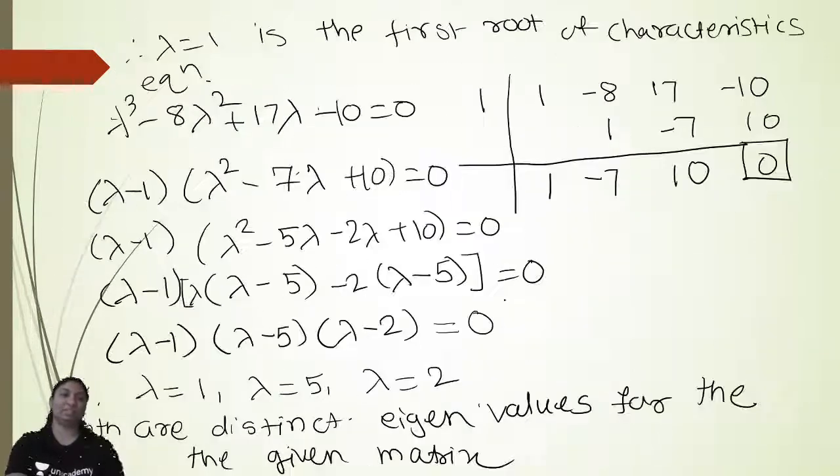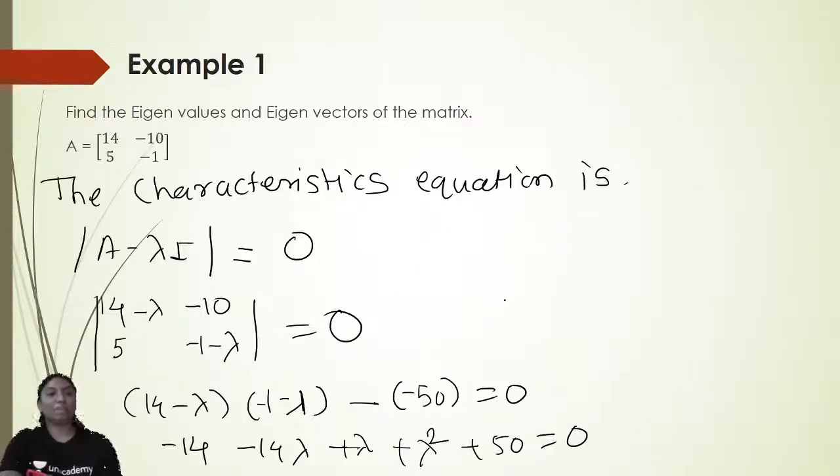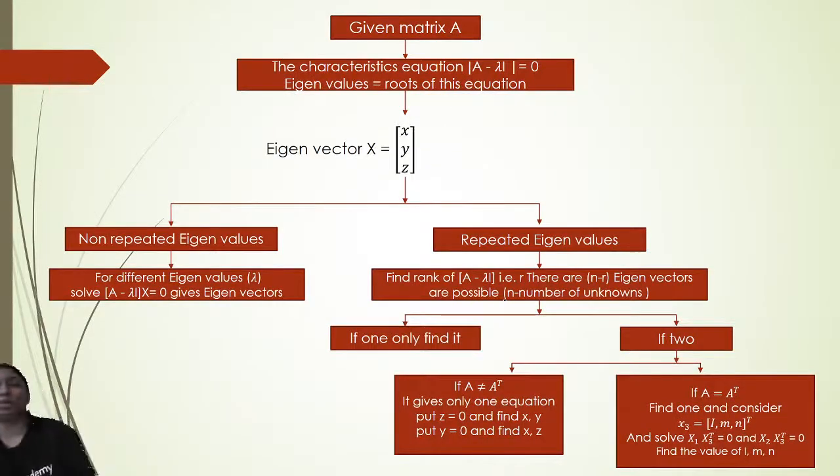Okay, so depending upon the matrix, this chart is very important. To solve any example on eigenvalues and eigenvectors, this chart is very important. First of all, find the characteristic roots of the equation, and depending upon the roots, you will get the eigenvectors. If the roots are non-repeated and the matrix is asymmetric, then for different eigenvalues you will get different eigenvectors.